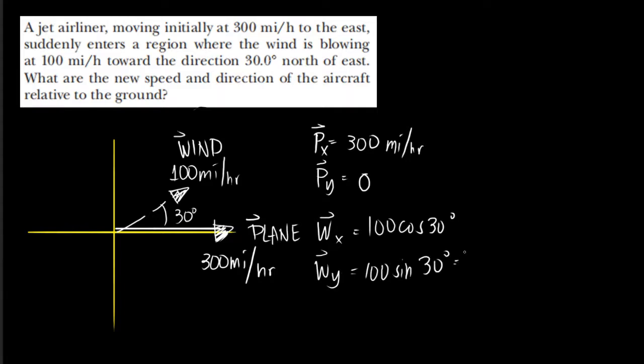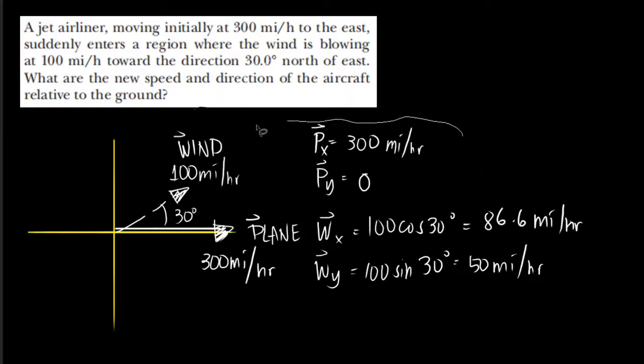Okay? 100 cosine 30 is 86.6 miles per hour. And 100 sine 30 is 50 miles per hour. So now the question is, what are the new speed and direction?